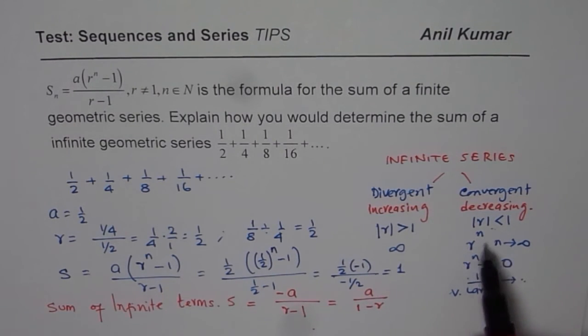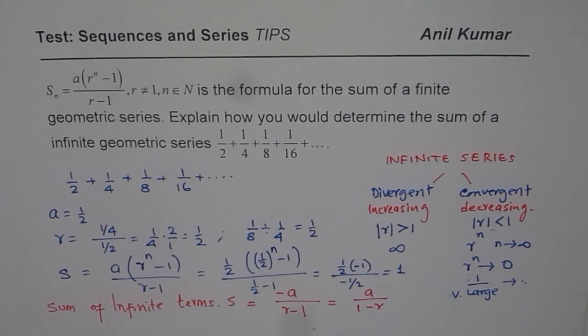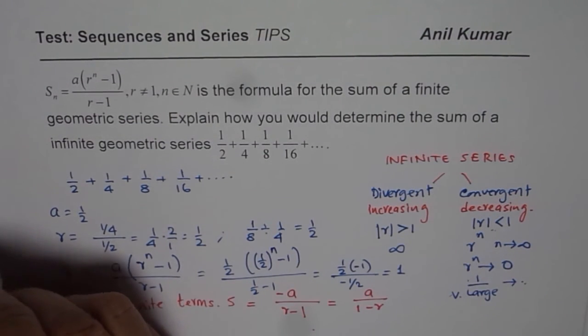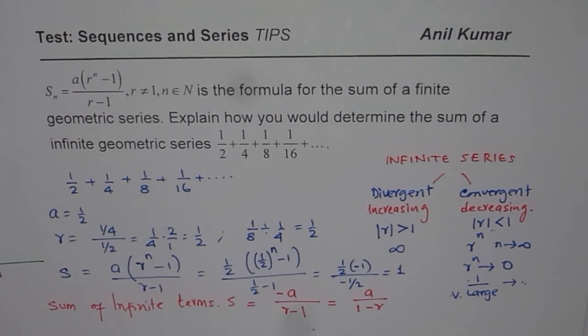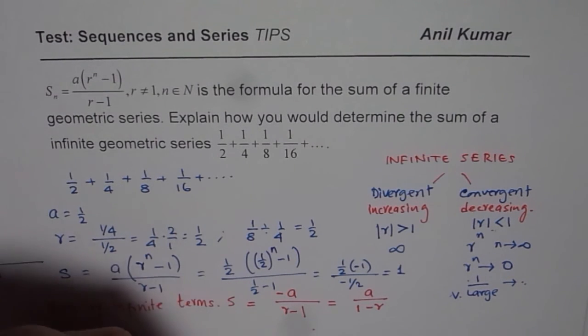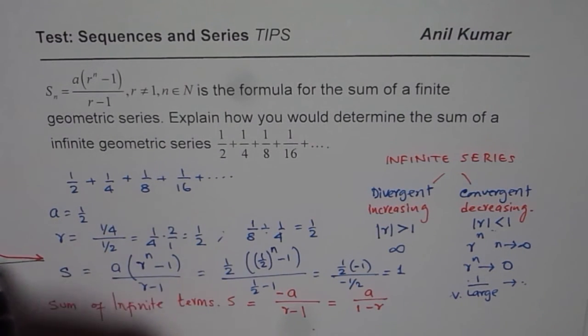The reason, as explained here, is that if r is less than 1, for example a fraction like 1 over 2, then 1 over 2 to the power of a large number will be 0. I hope you remember the graph. Let me just share with you the graph of an exponential function. It approaches 0 as x goes to infinity.